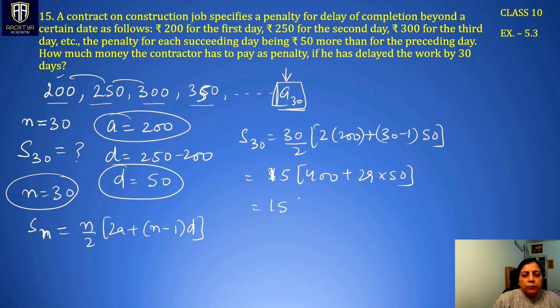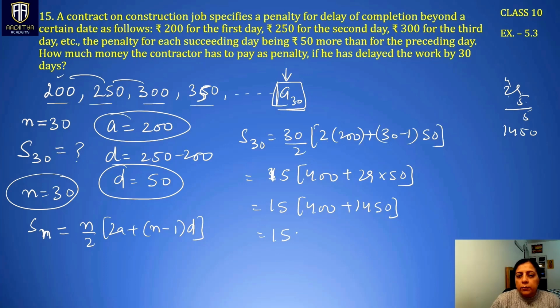So we have 15, 400 plus 29 fives, 9 fives are 45, 4, 10 and 1450. We have 1450 added to 400. So this is 1850.